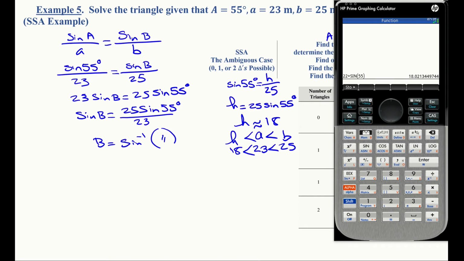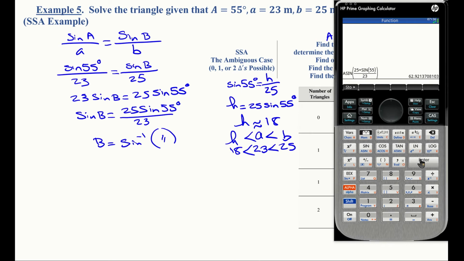Again, make sure you're in degree mode, otherwise this will be completely nonsense answers. So we're going to do the inverse sine of, and we'll open a new set of parentheses to contain the numerator, so 25 sine of 55, and then exit those and divide by 23, and that's what we end up with.